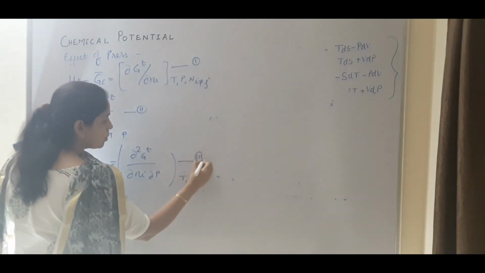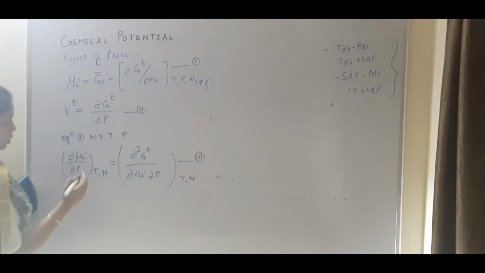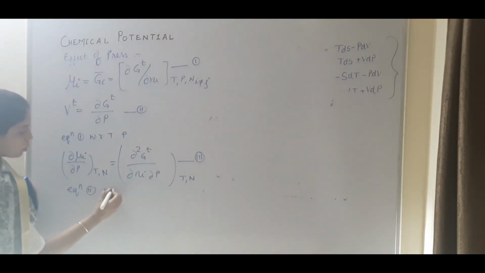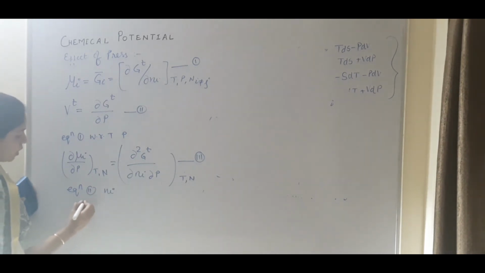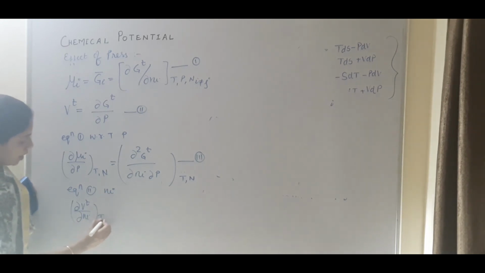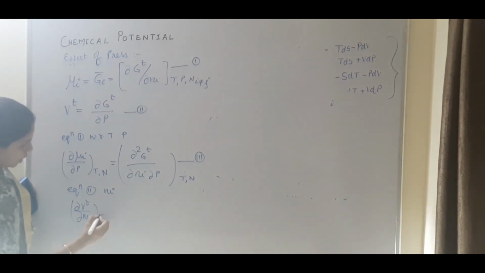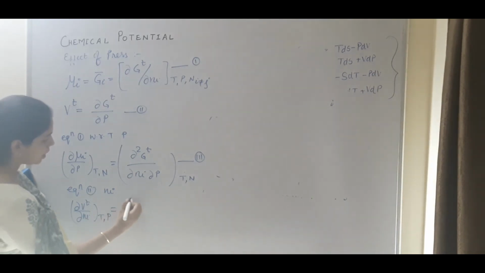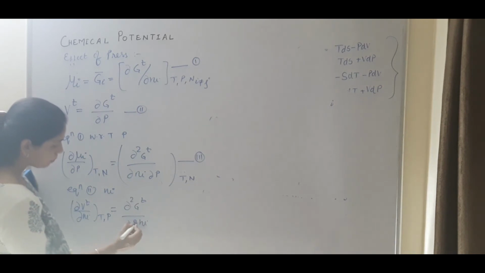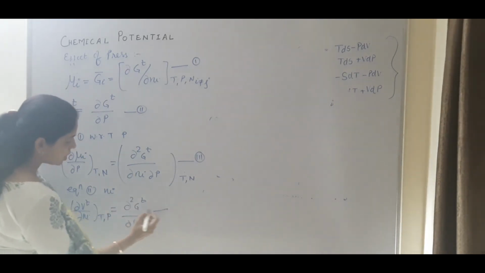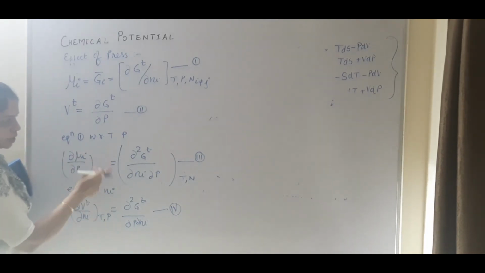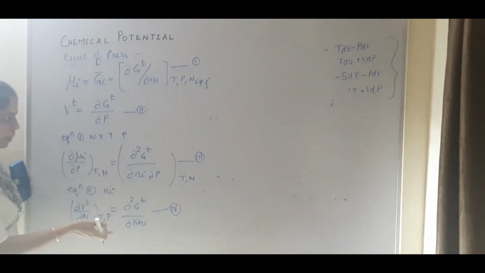Let's take this as equation number 3, and differentiate equation number 2 with respect to n_i. So ∂V_t upon ∂n_i, where temperature and pressure are constant, is equal to ∂²G_t upon ∂P ∂n_i. So again you can see that the right side of these two equations, number 3 and number 4, is the same.